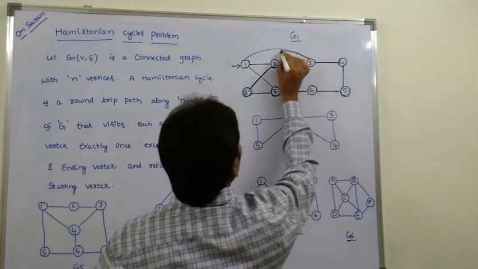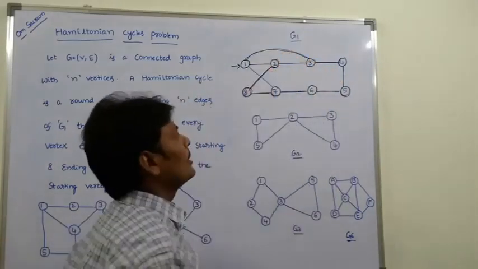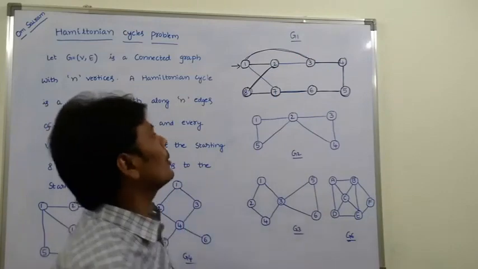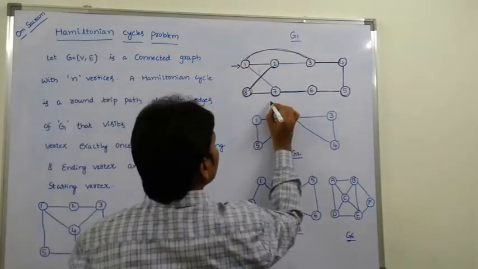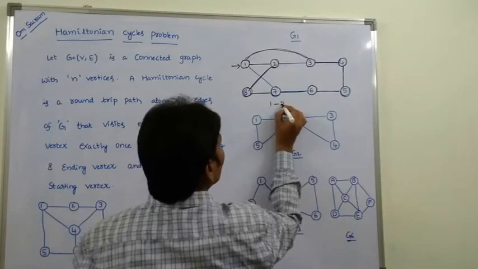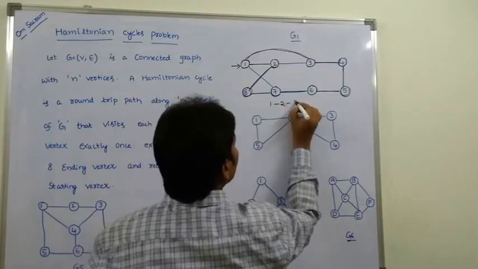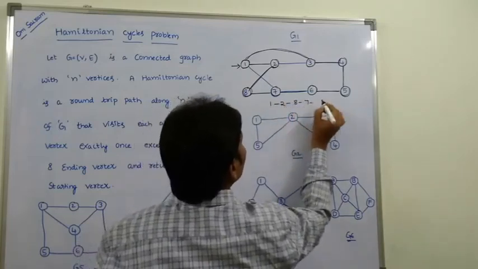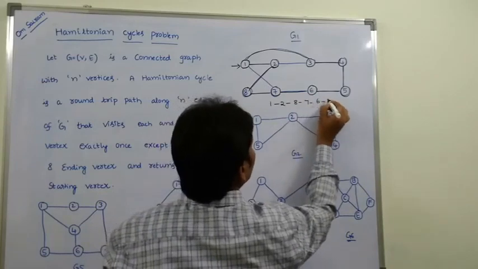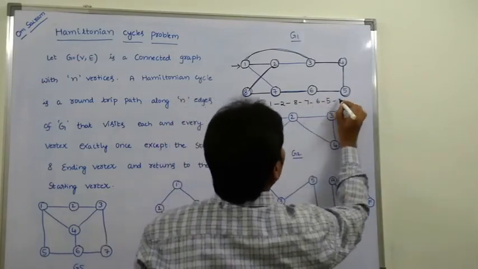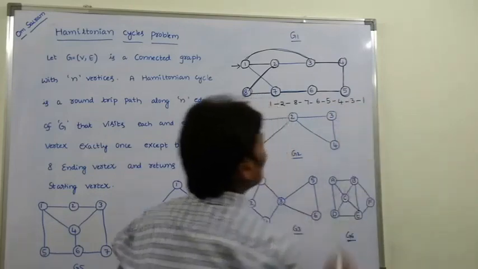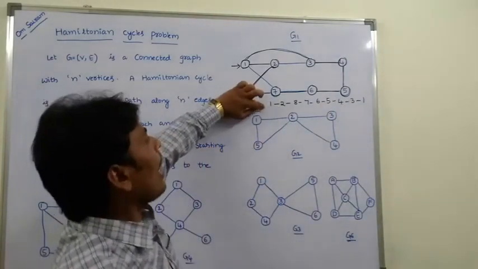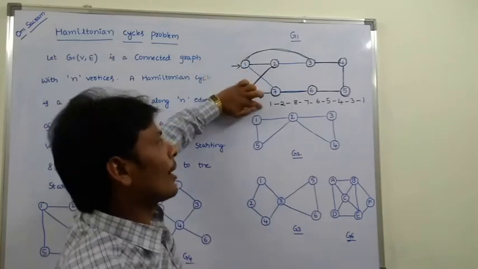Next, vertex 1. So this is the Hamiltonian cycle for the given graph. The path is 1 to 2, 2 to 8, 8 to 7, 7 to 6, 6 to 5, 5 to 4, 4 to 3, 3 to 1. So this is the Hamiltonian cycle for this graph.